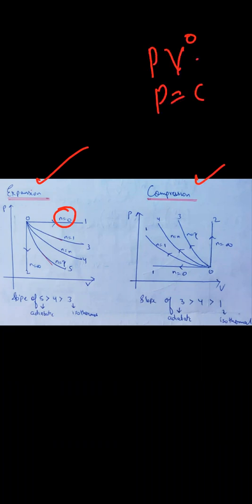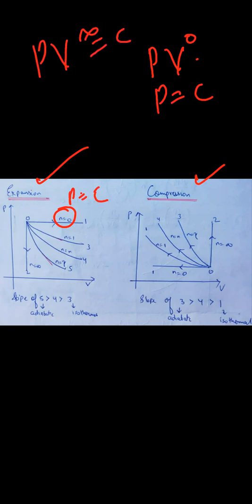I think this will be helpful for you. This is for expansion, this is for compression. Note it down. N equal to 0 means PV power 0, that means P is equal to constant. N equals infinity means PV power infinity is constant.